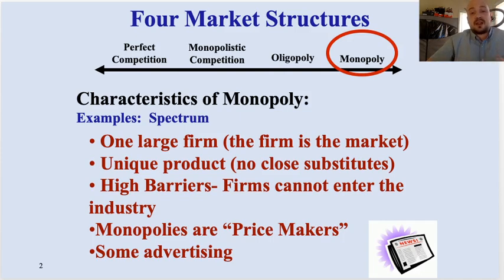The next characteristic of a monopoly is high barriers. Firms can't enter the industry, right? The reason why there's only one store is because it's expensive to get into that business. The same reason why there's not a lot of internet service providers, right? Providing internet service is a really expensive service. And so there would be more ISPs, more internet service providers, if it was cheaper to enter the business, right?